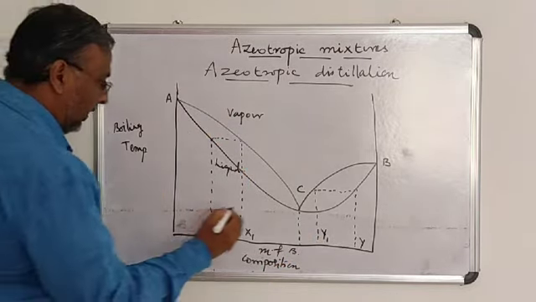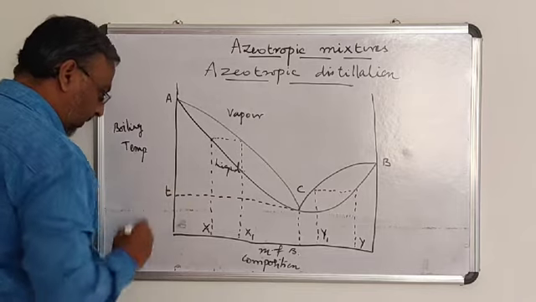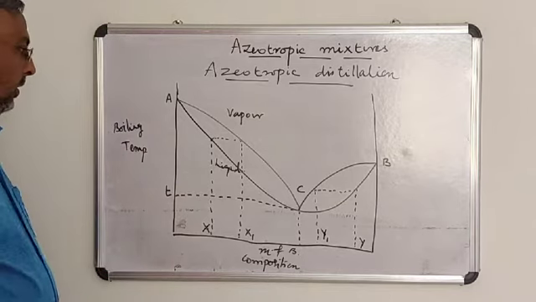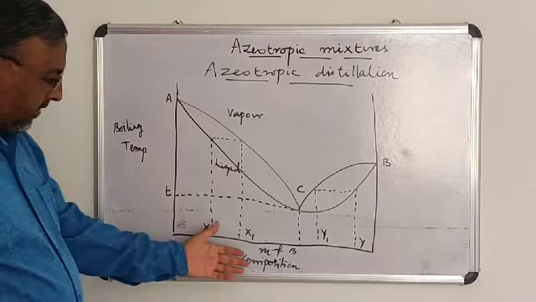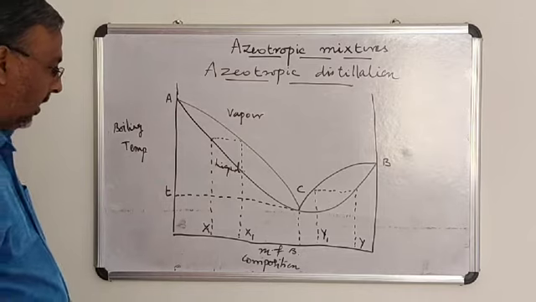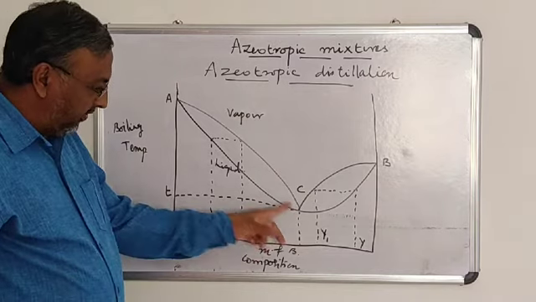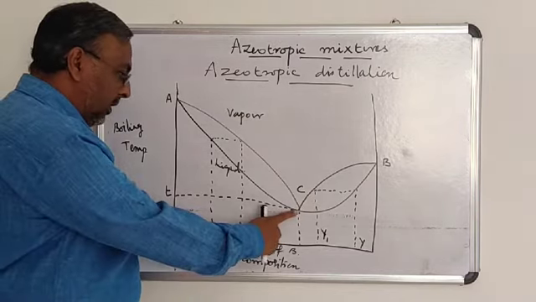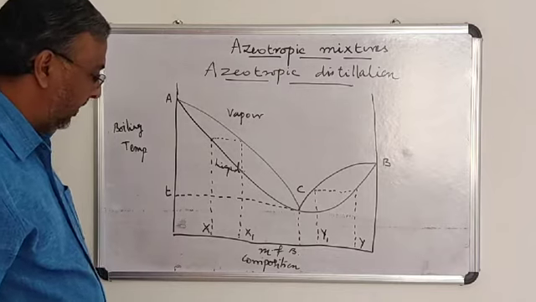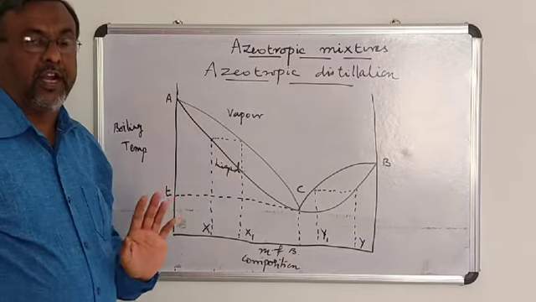Now, let us explain this curve. See, in this boiling temperature composition curve, the liquid and vapor curves meet at a point C, where this mixture will boil like a pure compound as a single liquid at constant temperature T. This is one of the properties of some mixtures.